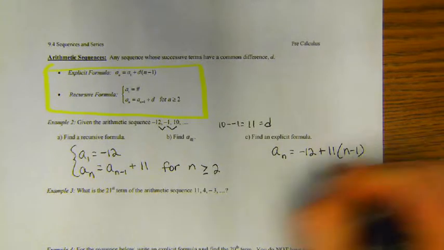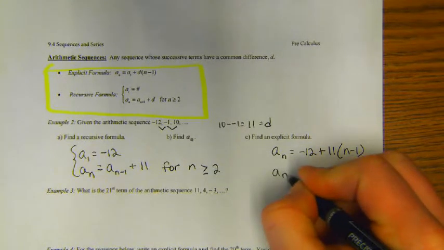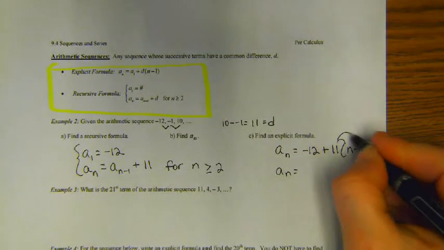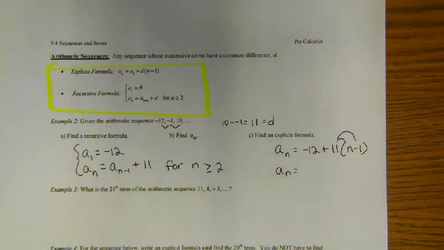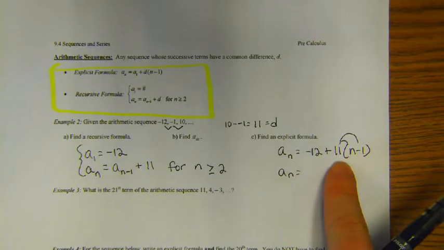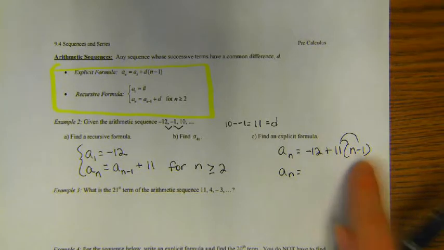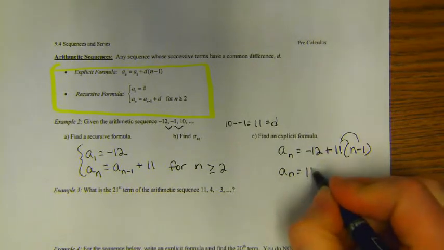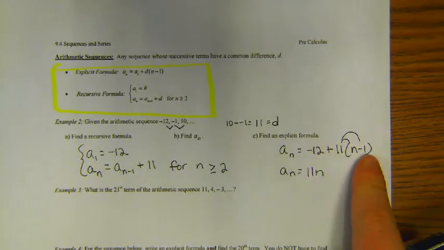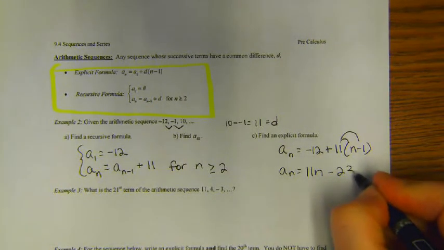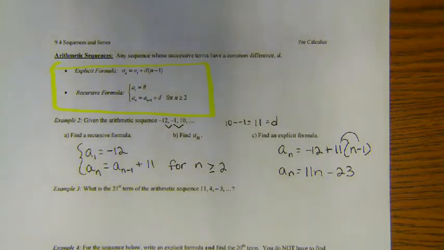Then we should distribute and add like terms. So if I distribute that 11, I get negative 12 plus 11n minus 11. That's 11n. Negative 12 plus negative 11 would be minus 23. So this would be the explicit formula.